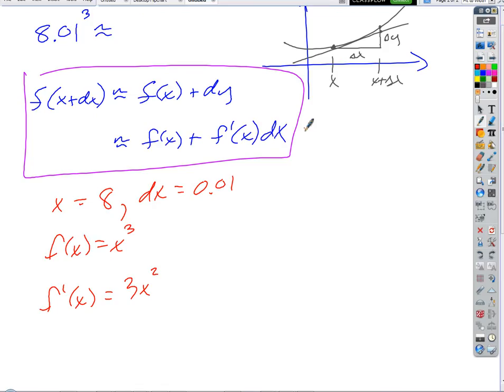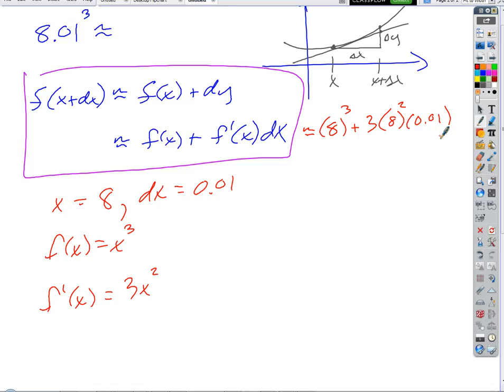So we're going to get f of x, which is 8 cubed, plus f prime of x, which is 3 times 8 squared, times 0.01.